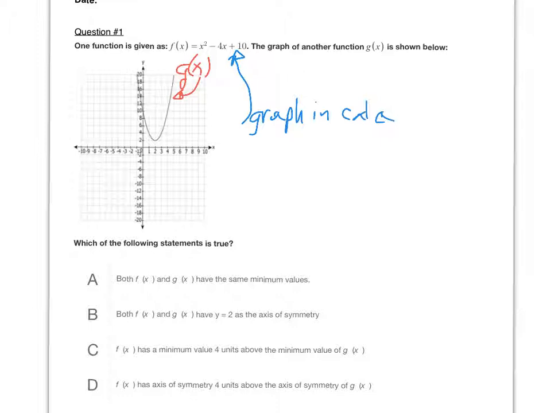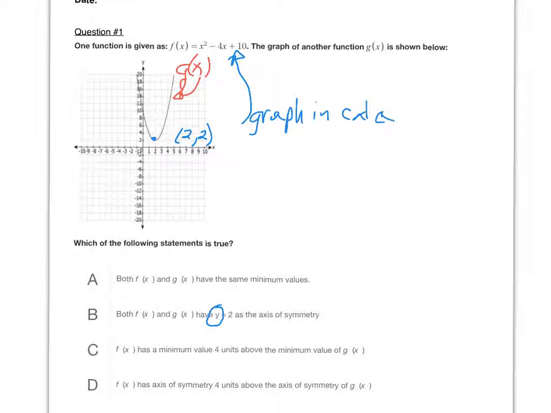So it says both the f function, the g function have the same minimum values. Well, a minimum value is where the vertex is. So on this one, the minimum value is 2, 2. Or they both have y equals 2 as the axis of symmetry.